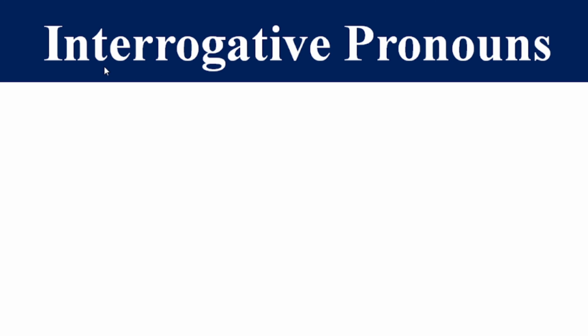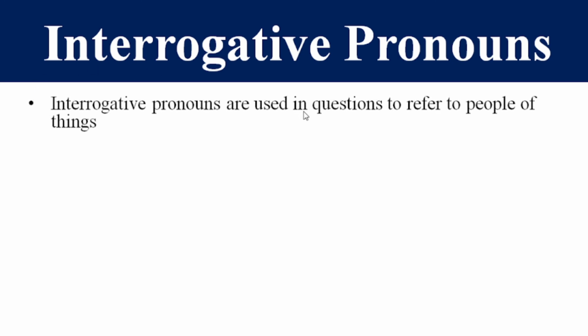Look at the next type of pronouns, that is interrogative pronouns. We use interrogative pronouns to question, to refer to people or things. So interrogative pronouns are used in questions to refer to people or things.